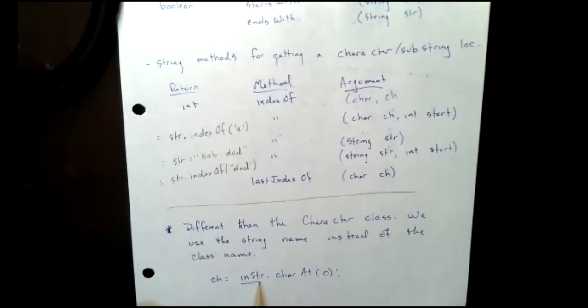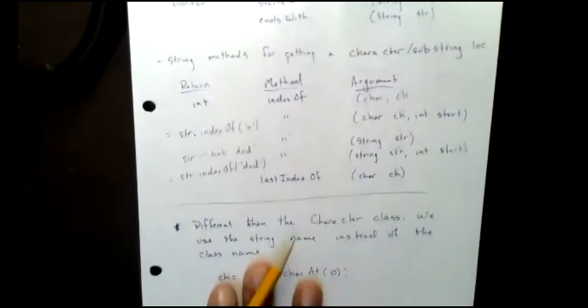So now I put in whatever my string is, call the method, and it automatically knows to go to the string class and get the character at location 0 and store it in ch. So this one's a little bit different. I put the string name, not the actual word String. So that was one of our familiar ones.